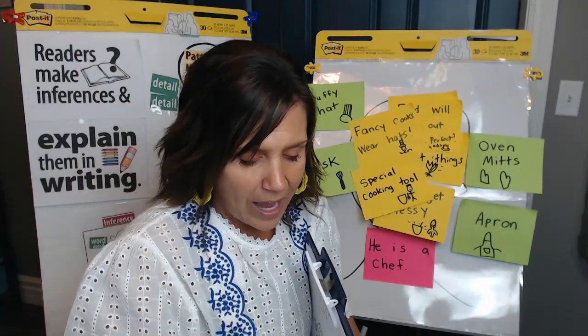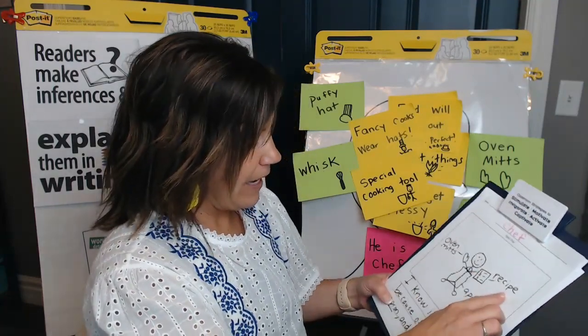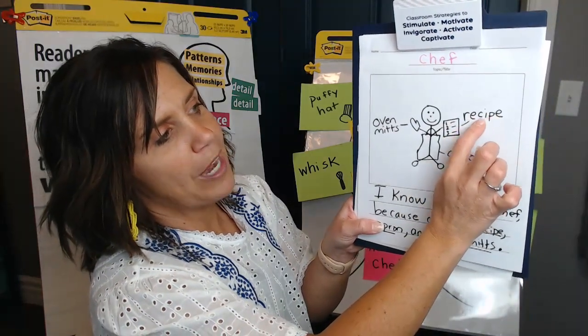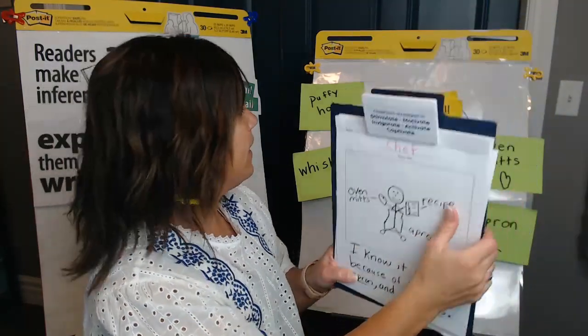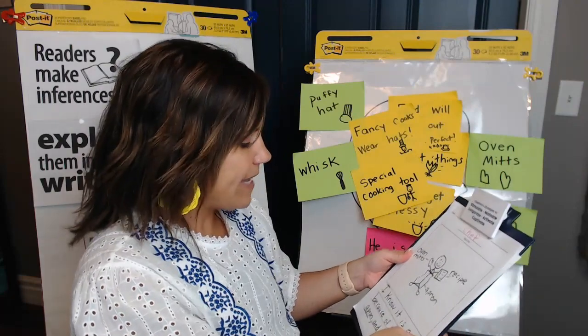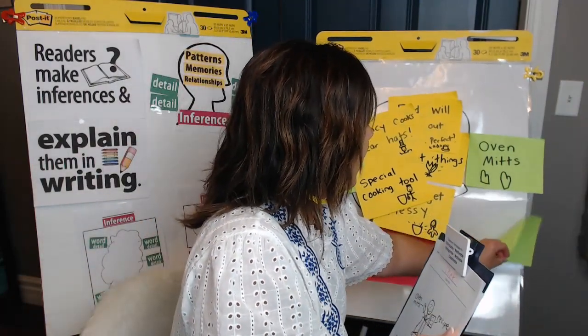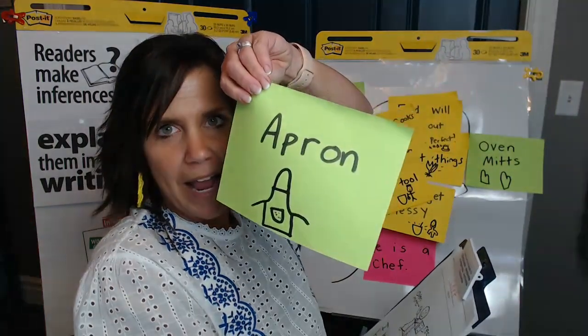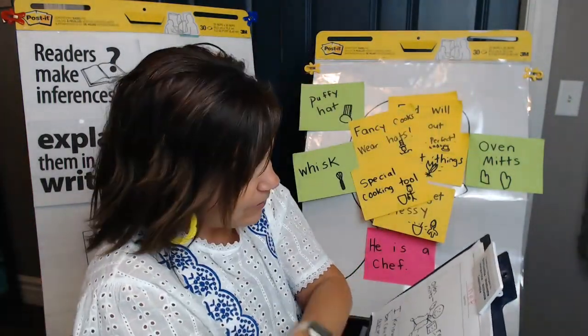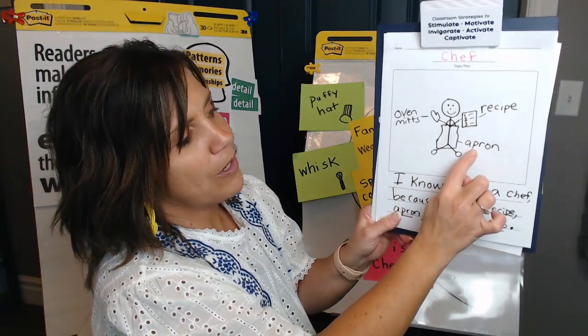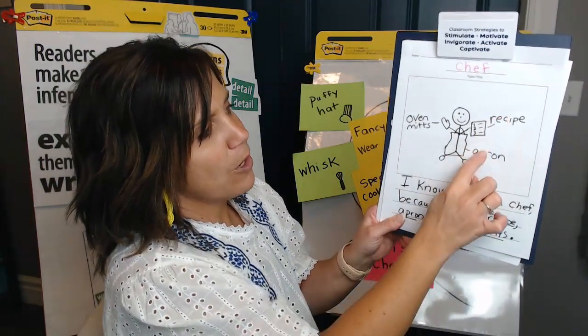So I drew a picture of the recipe, and I wrote the word recipe. And then my second thought was an apron. When I think about cooks, I think about aprons and how they wear those so they don't get messy. So I drew the apron and I labeled the word apron. Those were our reading voice details.